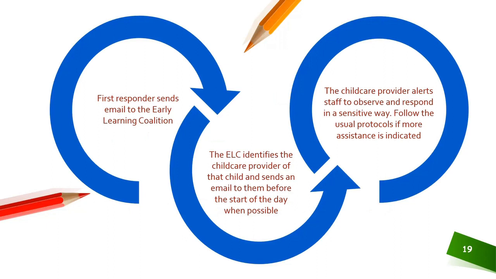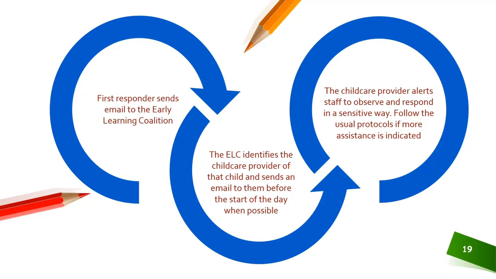The first responder then goes to their laptop or their email or their phone and sends an email to the Early Learning Coalition. Your Early Learning Coalition then identifies the child care provider that is attached to this particular child, if they are within their system, and sends an email to that particular child care provider, hopefully before the start of the next day.